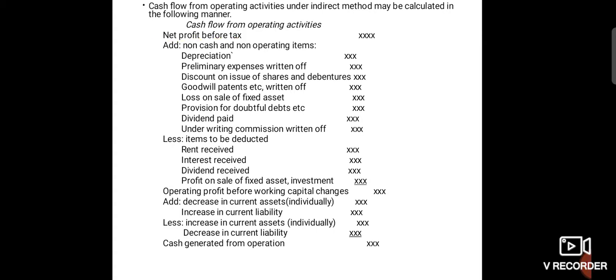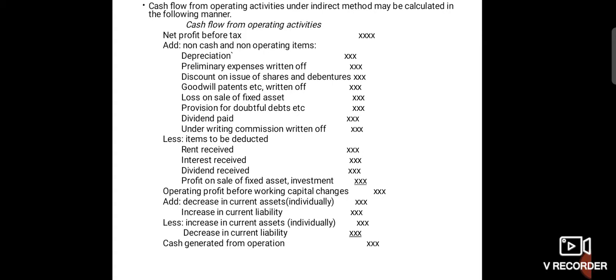This is the first item we'll write, and we'll add back non-cash and non-operating items. Non-cash items mean no cash inflow or outflow, so we have to add them back. Actually, we are calculating cash flow from operating activities, so anything not related to operating activities we have to avoid.